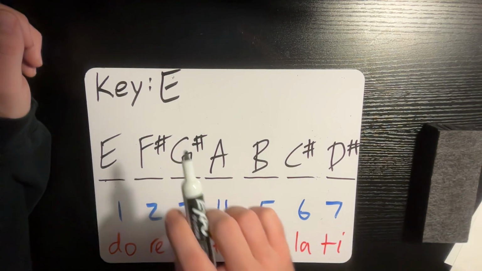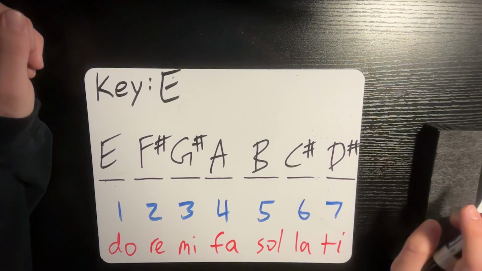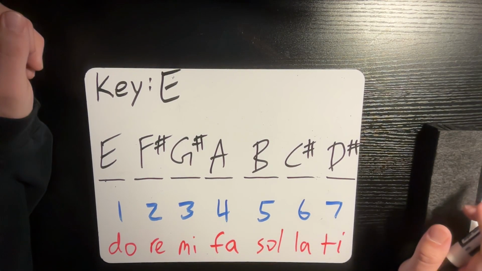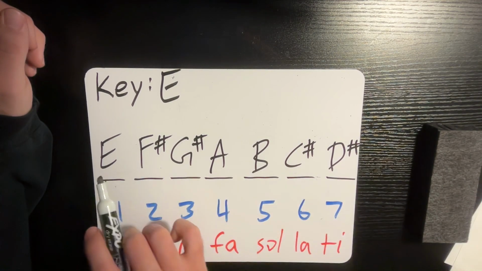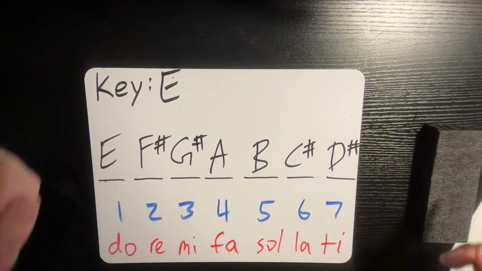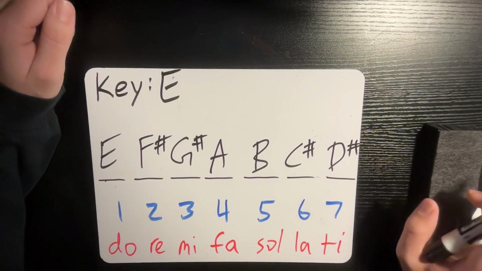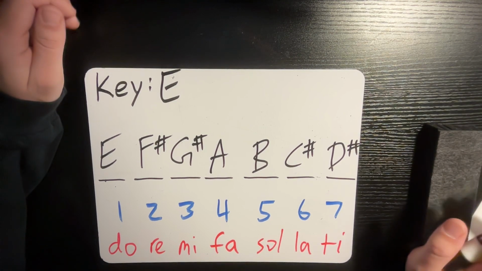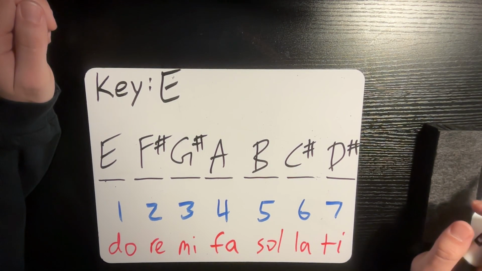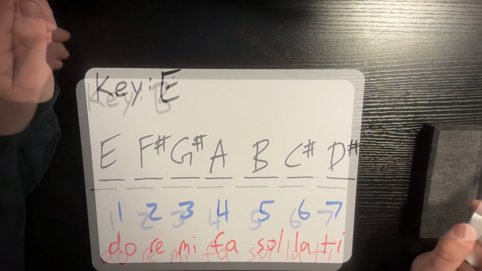Every single scale is only one note different from the one before it. So if you can keep track of those sharps, and when we get to the flat keys, the flats, that's a really helpful tool. Anyway, on to the next major scale.